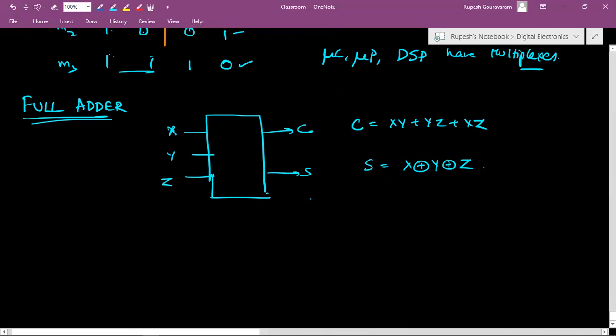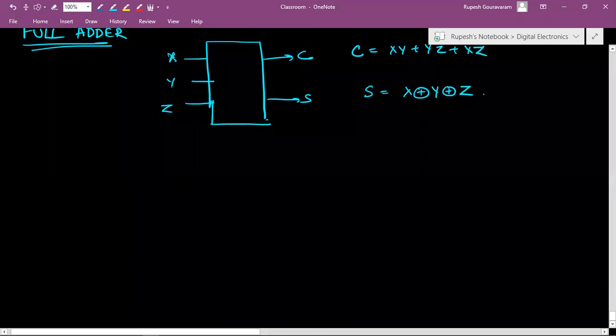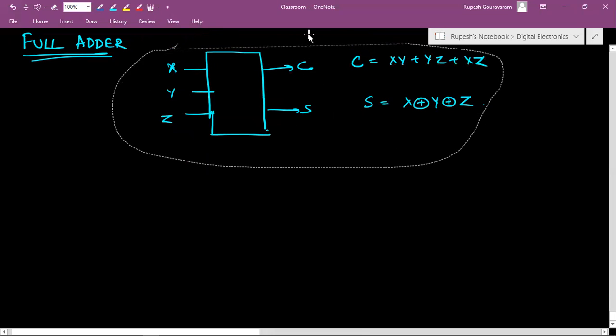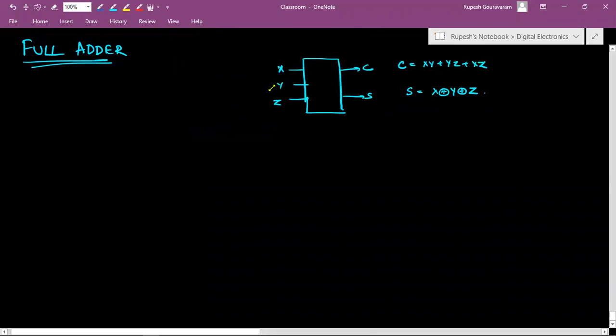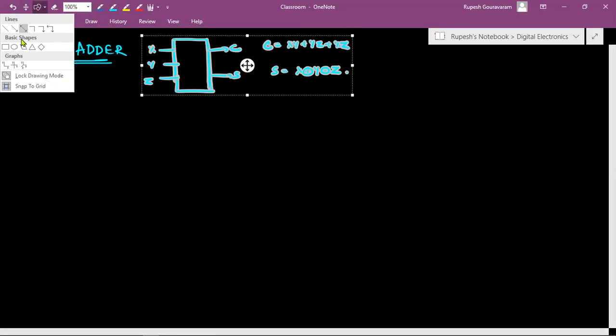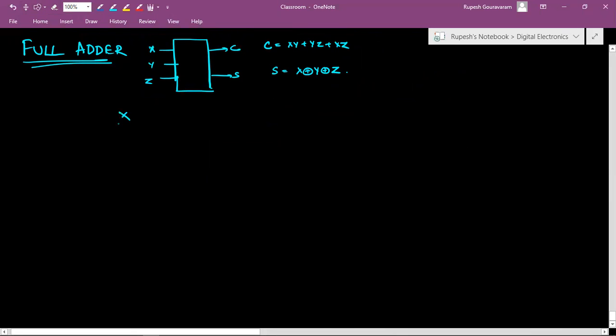How will we get this? We'll get this by solving the K map. Okay. So what is that K map? Let us see now. So we have the inputs X, Y, Z, and the outputs, one is carry, other one is sum.